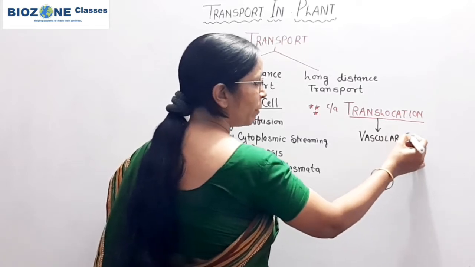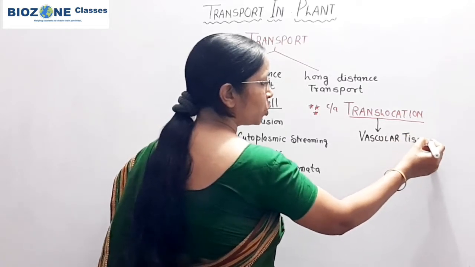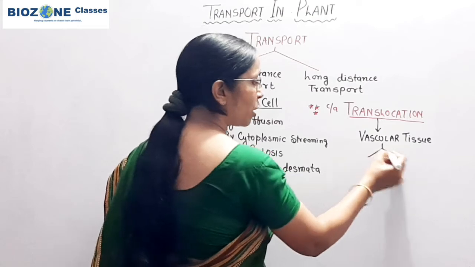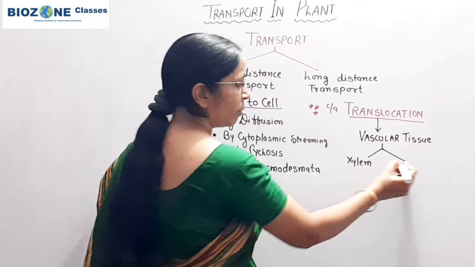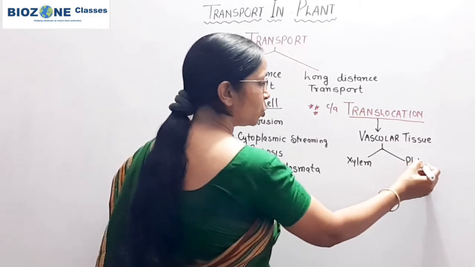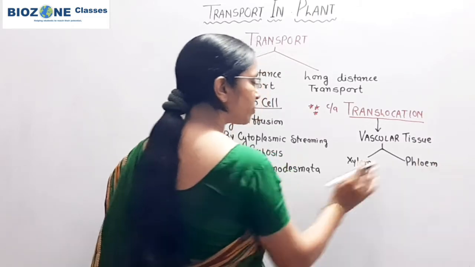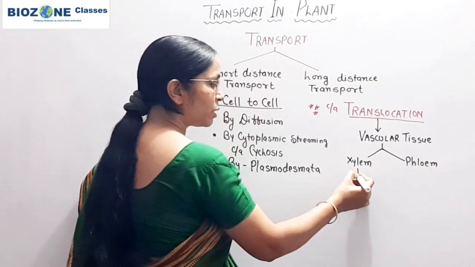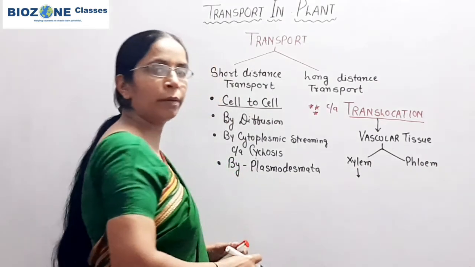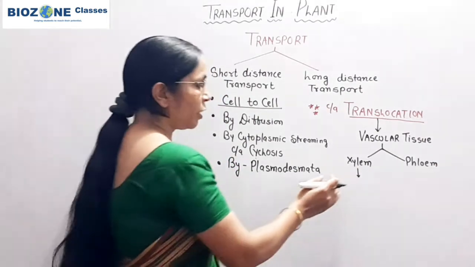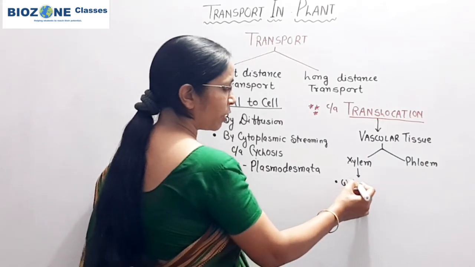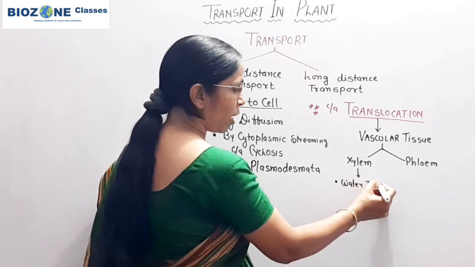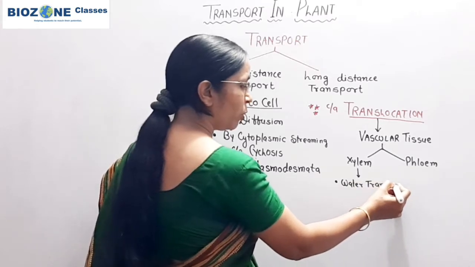Vascular tissues are of two types in plants. One tissue is xylem and the second tissue is phloem. Xylem is responsible for water transport, which you all know because you studied these things in lower classes.